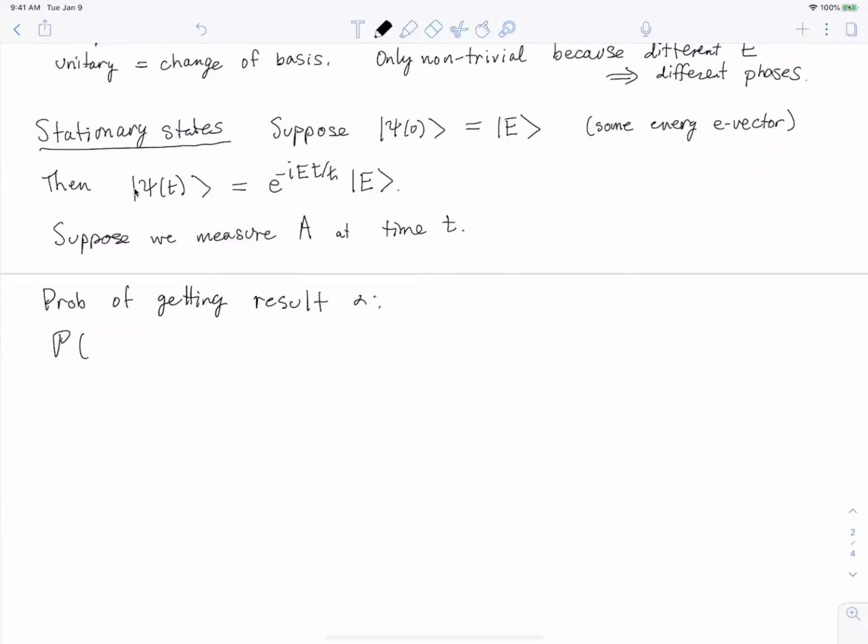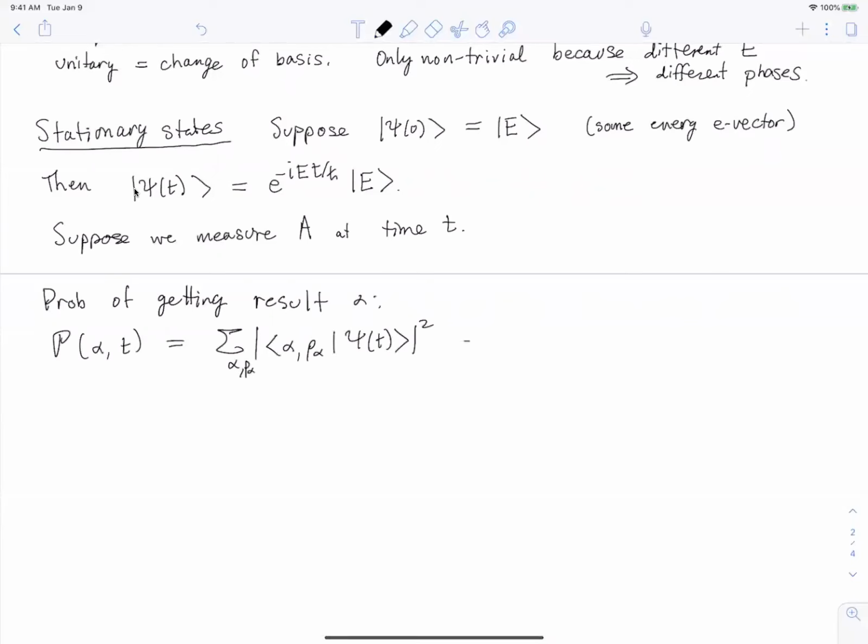It's P of alpha, depending on what time it is, sum over rho sub alpha, the degeneracy label for alpha, |⟨alpha rho sub alpha | psi of t⟩|, all squared. Oops, I guess I should sum over rho sub alpha also.